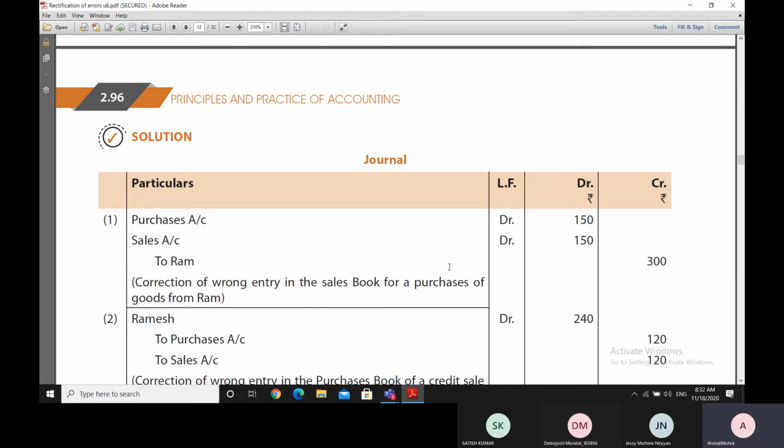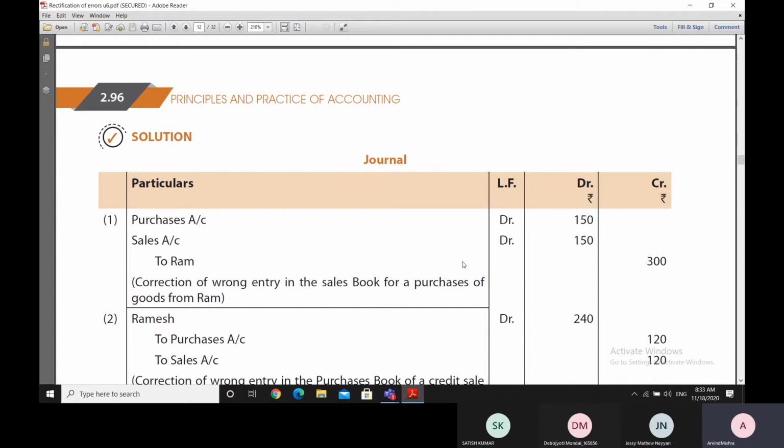On the other hand, as far as credit is concerned, we credit Ram 2 times here, because we had earlier debited Ram, since we had assumed that it was a sale. So we must have debited Ram by 150 rupees and credited the sales account.